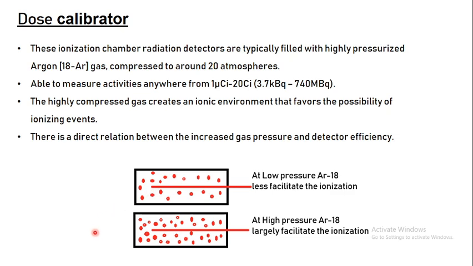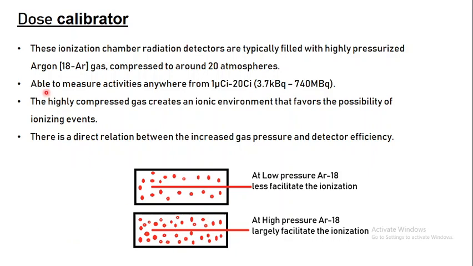But if a similarly energetic photon passes through a tube with compressed argon at high pressure, more and more argon molecules are present in the tube. So more molecules will be in the way of the radiation and more will be ionized. The greater the ionization, the greater the detection power and the greater the pulse of that radiation.